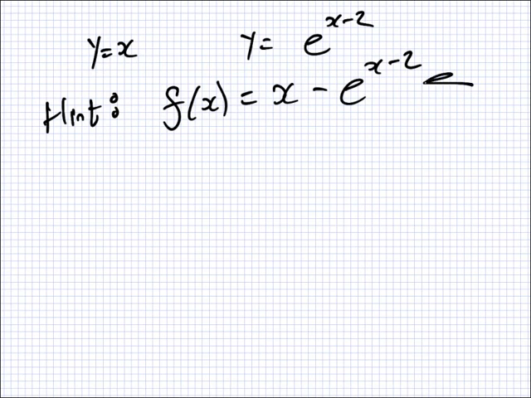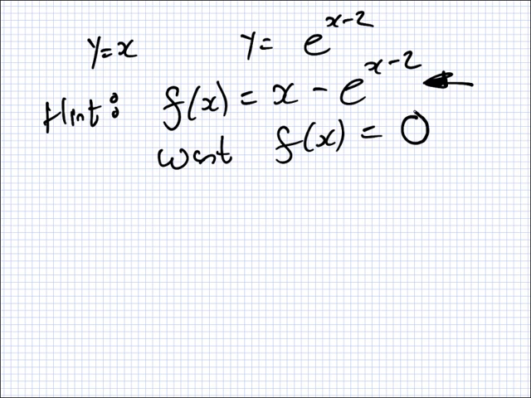Now if you think about that, you might be able to figure it out. What do you want f to be? What number? 0. Because if f is 0, then you know x equals e^x minus 2.